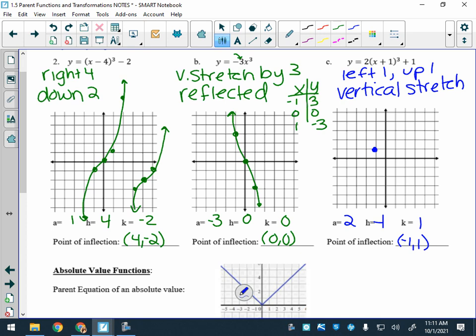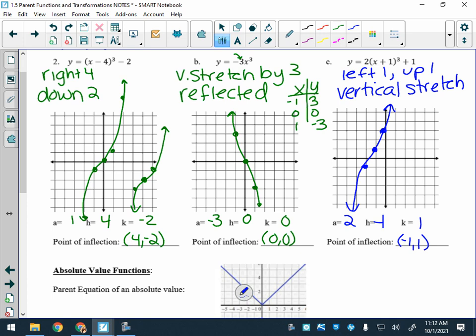Careful. Input 0. What's 0 plus 1? 1 cubed times 2 plus 1. 0, 3 is your new point. So it still follows the same trend, just going down here. And that's what your graph looks like.